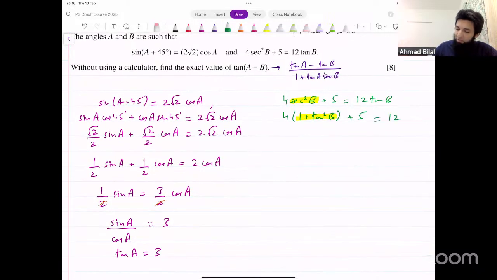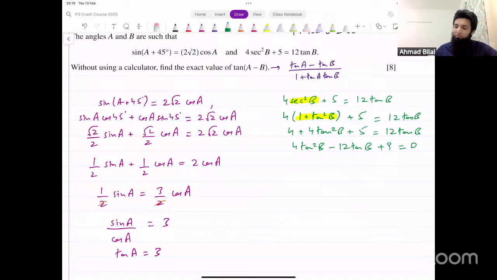This equals 12 tan B. Now 4 plus 4 tan squared B plus 5 equals 12 tan B. Let's bring all terms to one side. 4 tan squared B minus 12 tan B plus 9 equals 0.